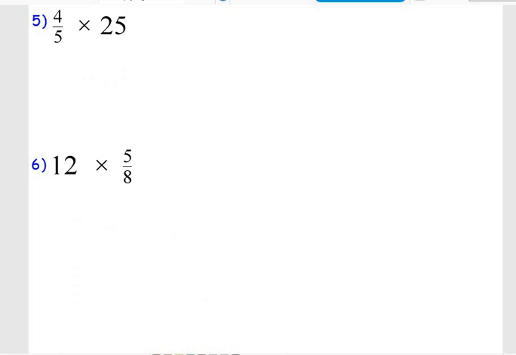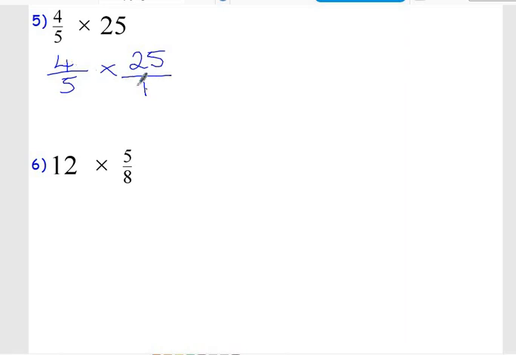Moving on to our next question then, 4/5 times 25. So with this question, we need to make the 25 a fraction. In order to do that, we put 25/1. Once we've got them both as fractions, we do exactly the same.